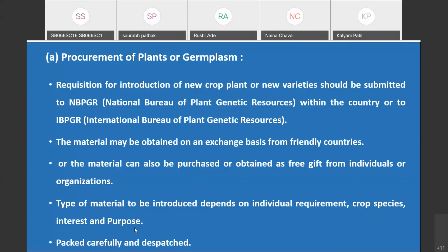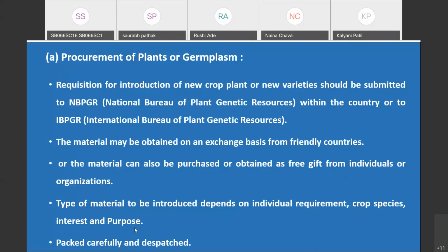But if certain vegetatively propagated organs are introduced, then some amount of soil may be attached to that organ, and in the soil different types of insects, diseases or pests may be present. That's why it is very difficult for the packaging, for the handling, and to give the treatment with the different types of chemicals.